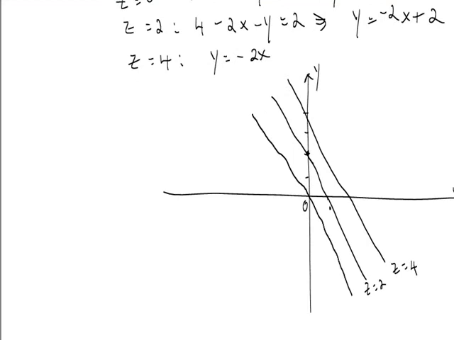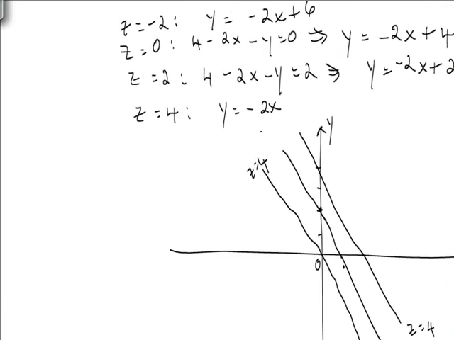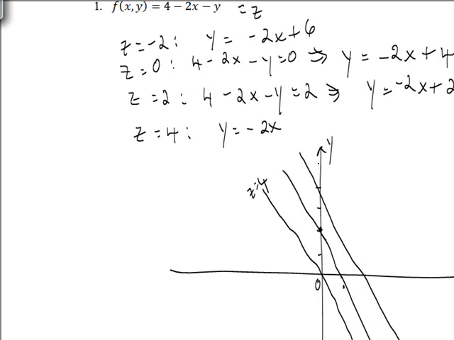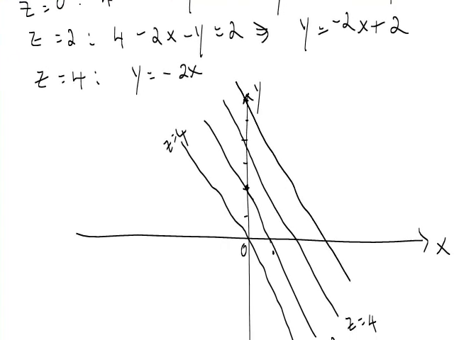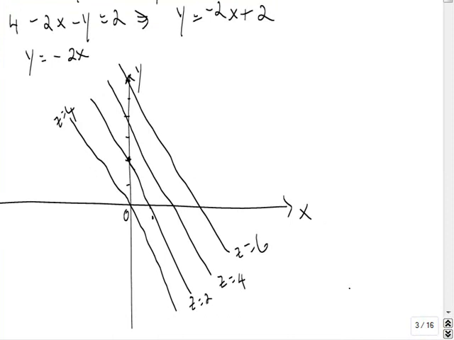Please, I hope your lines don't look like mine. What's the last one? What's the one up there? 6. Just, they should look parallel, okay? That's it. By the way, what do you think the actual 3D plot is going to be? What type of drawing? It's going to be flat, so that's a plane, right?